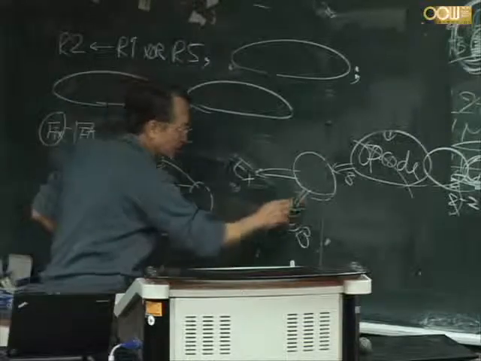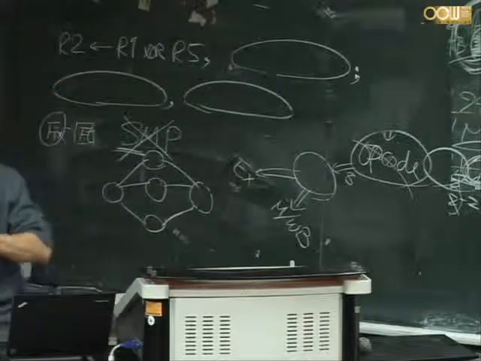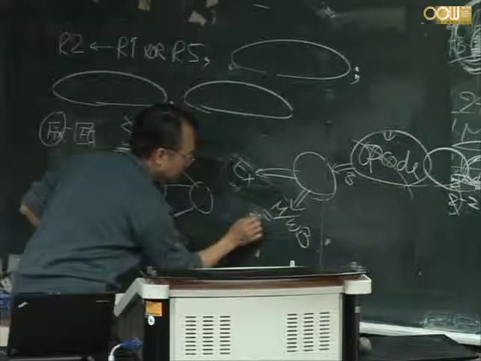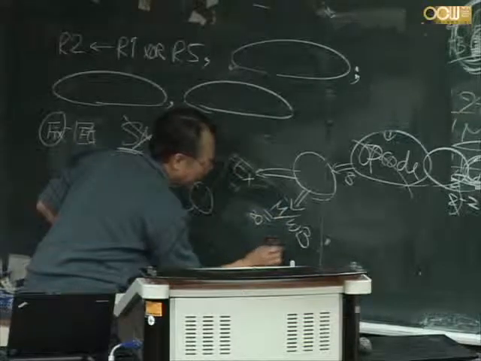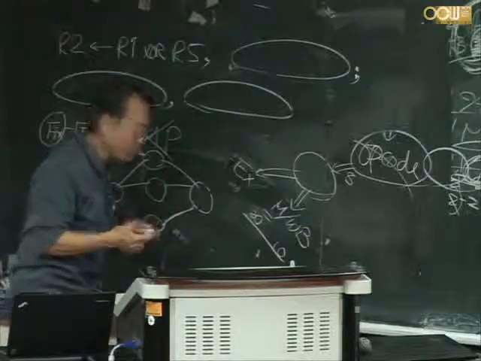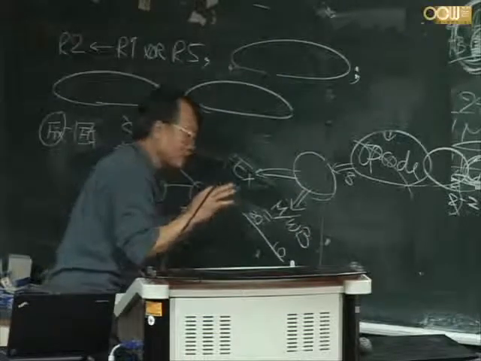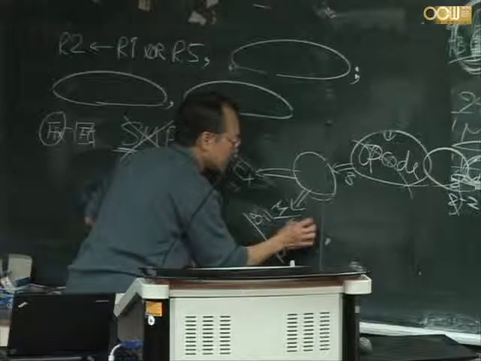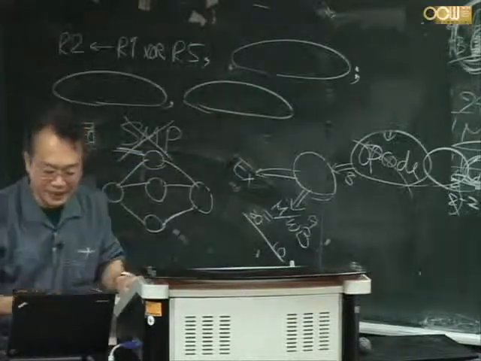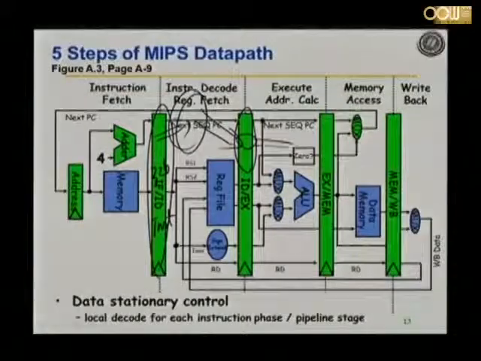But for this group of control signals, they may still be somehow encoded. In other words, maybe eventually I need 20 bits for these and 10 bits for these. So I need 30 bits in total. But maybe here I partially decode them into only 9 bits, to save the width of the data path.